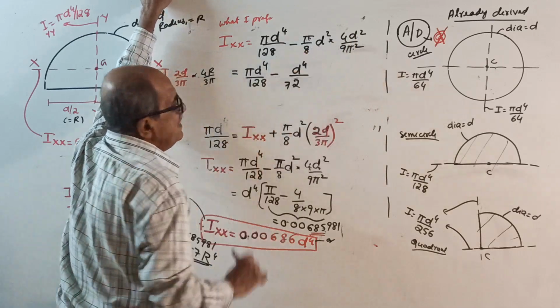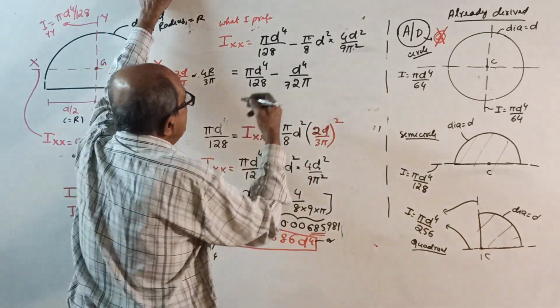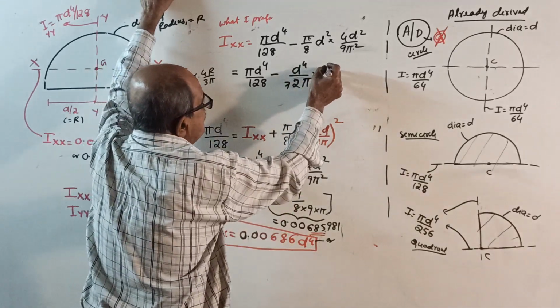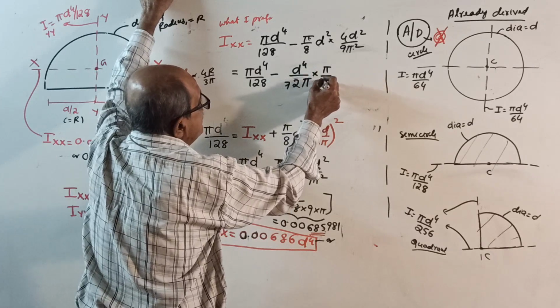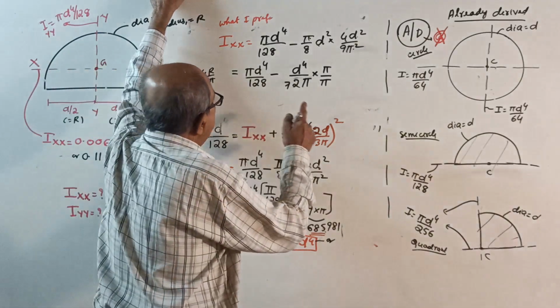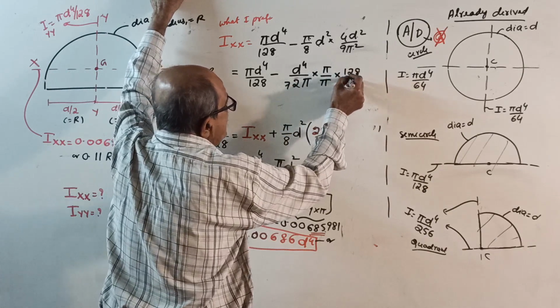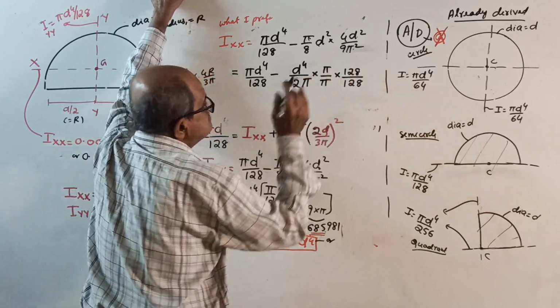Pi and pi square is there, so I should write only pi. I will multiply by pi, divide by pi, and then multiply by 128 and divide by 128.